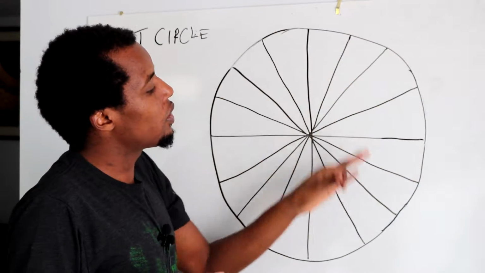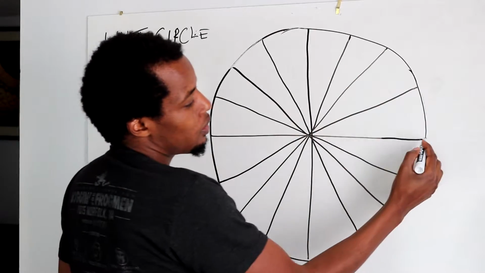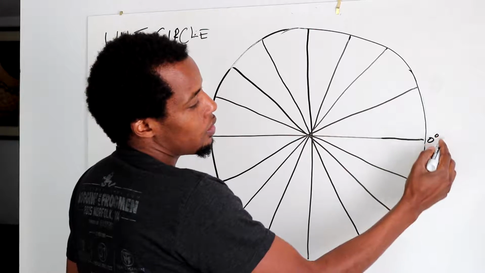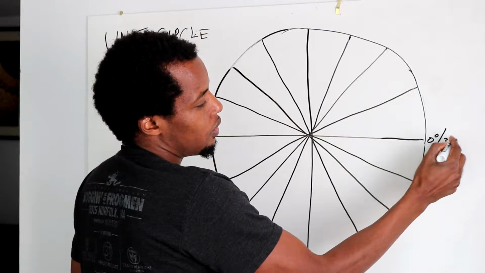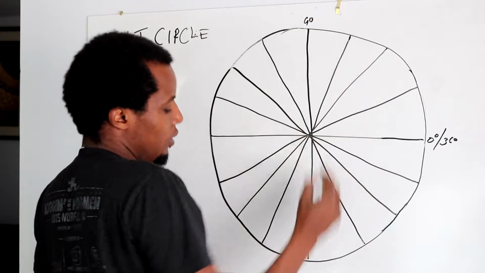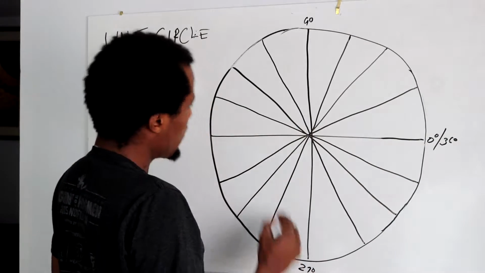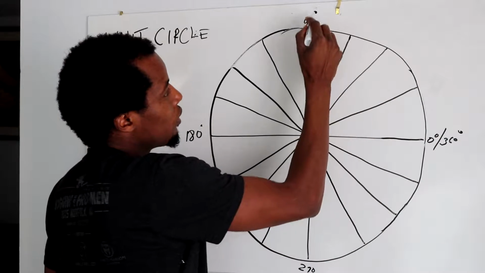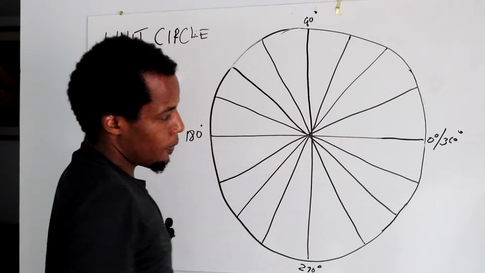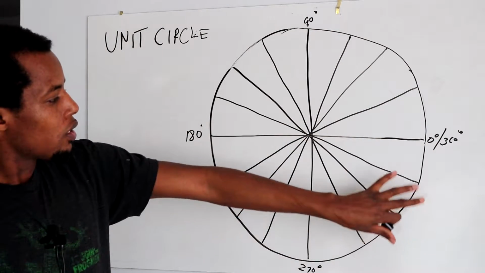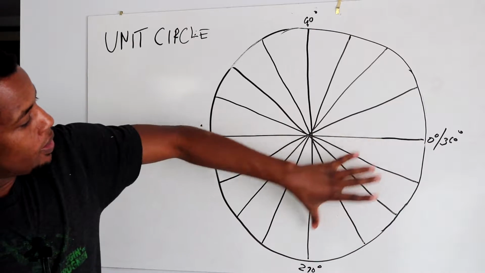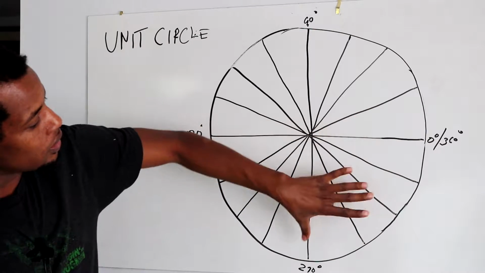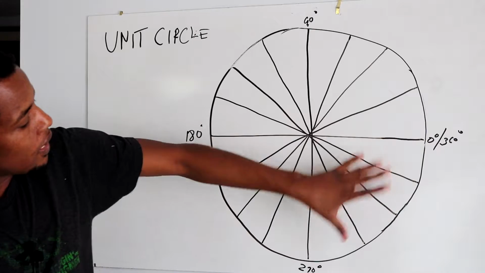We're going to start by filling the unit circle with degrees. From here is 0 degrees, or 360 degrees. Here is 90. Here's 270. Here's 180 degrees. All these are degrees, right? In between, you see the quarter portion of the unit circle, the difference is 90 degrees.